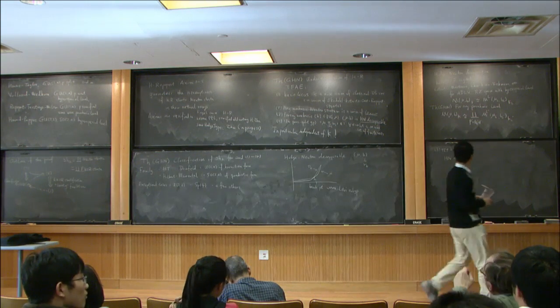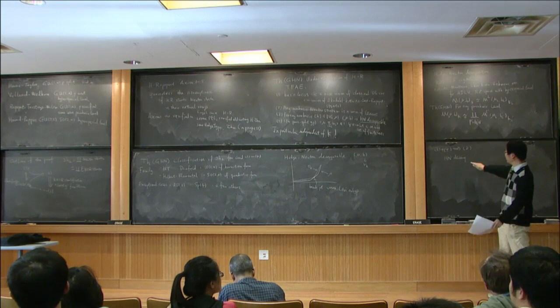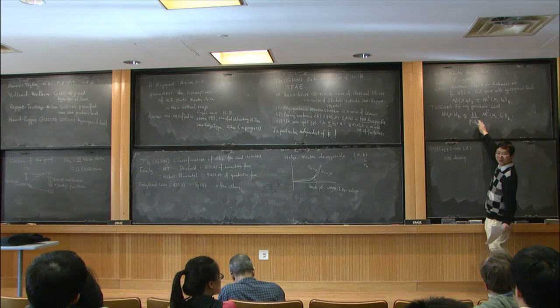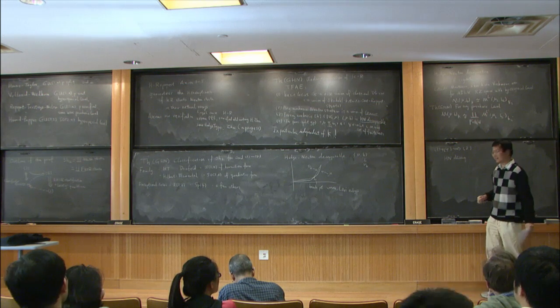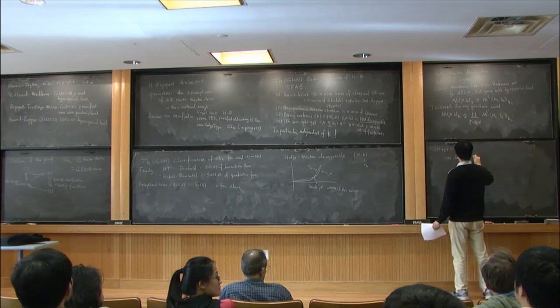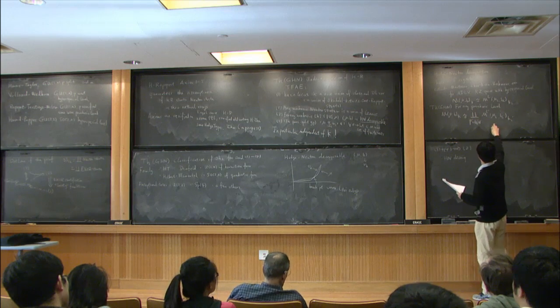And so finally, how do 3 plus 4 imply 2? First, we use the Hodge-Newton decomposition. Well, this involves many Levis, but nevertheless, we know that.